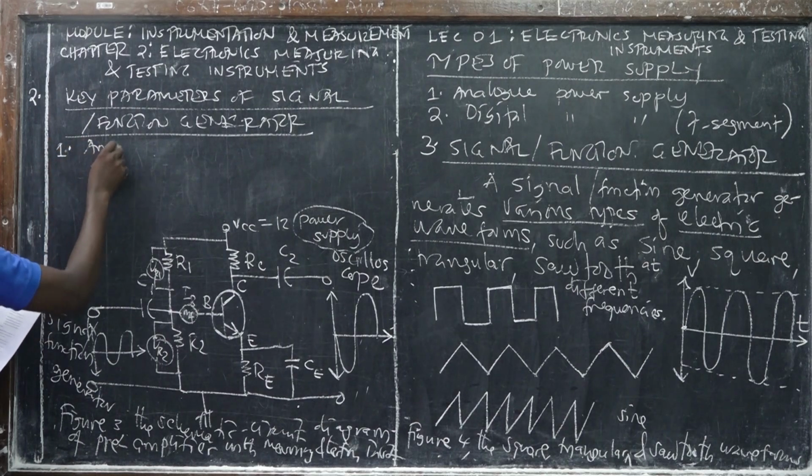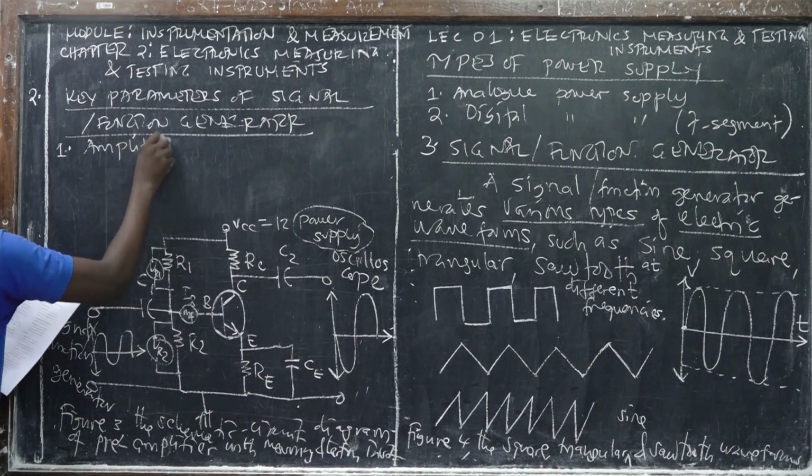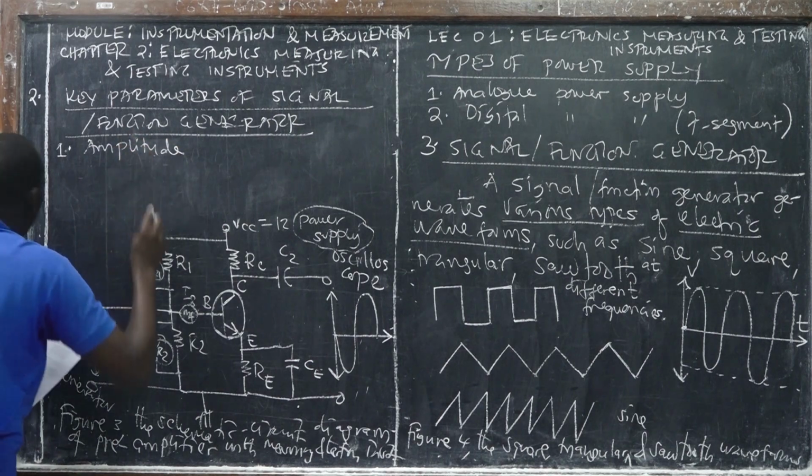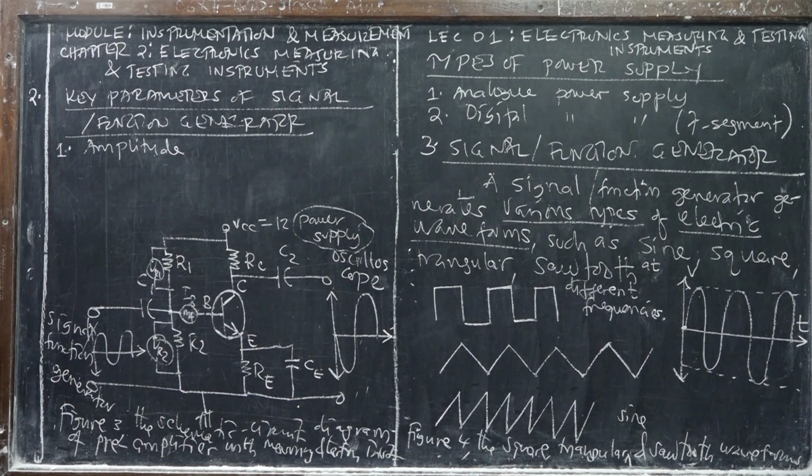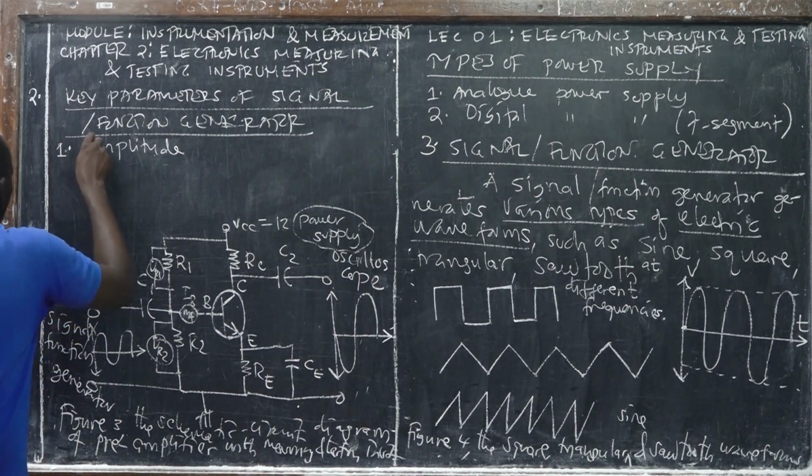The first important parameter which you have to set is called the amplitude. Say amplitude. What is the amplitude according to wave? You remember? Amplitude is the maximum displacement, crest or trough, right? So this is the important parameter.